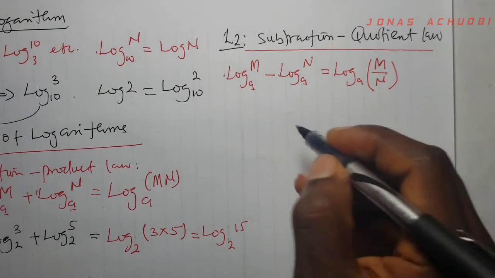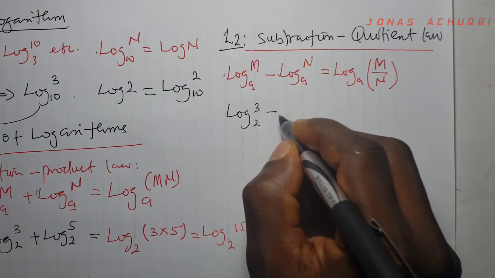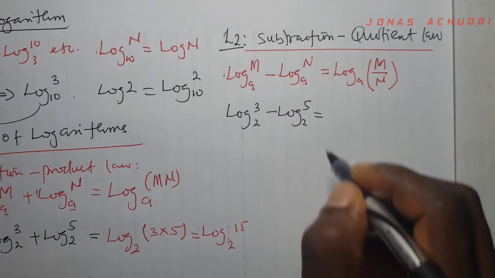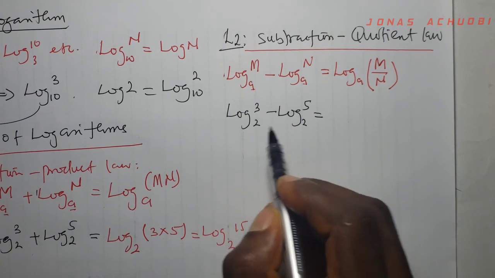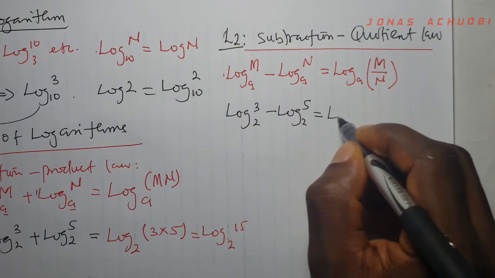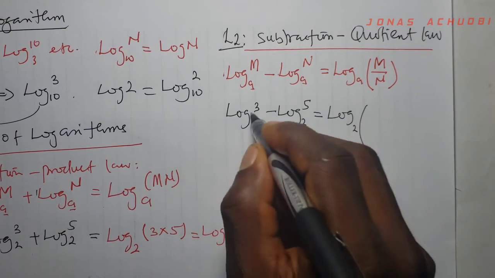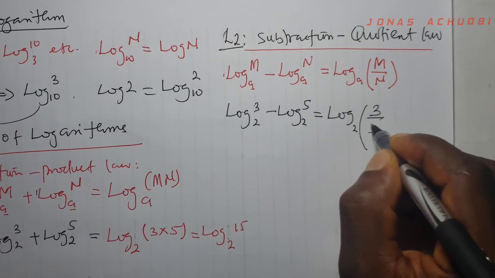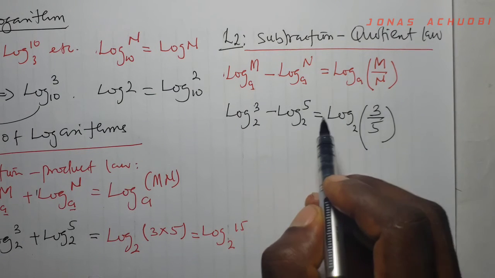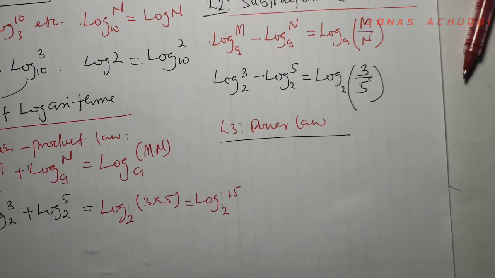For instance, if we have log 3 base 2 minus log 5 also in base 2, we can apply this law, since both logs have the same base 2 and both have a coefficient of 1. So this becomes the log, base 2, of 3 divided by 5. So log 3 base 2 minus log 5 base 2 is the same thing as the logarithm of 3 over 5 in base 2.